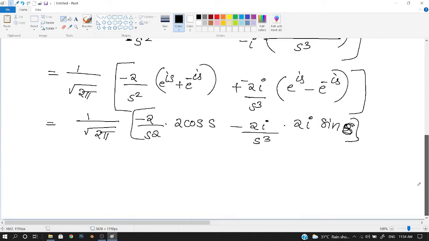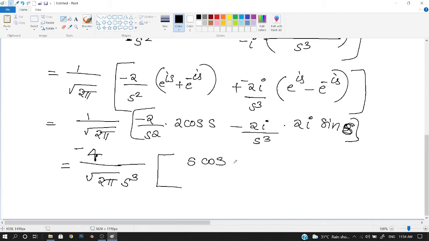Now that is equal to 1 by root 2 pi. Then here you can see that 4 is common, so you take 4 outside. Then 4 is common, minus is also common, then you can take s cube outside. So inside the bracket here s into cos s, then s into cos s, then here you have i into i square is minus 1, so minus sin s.